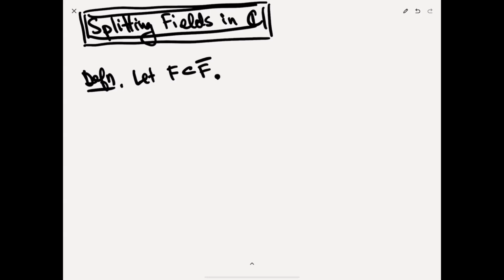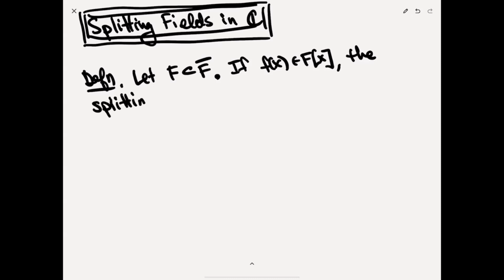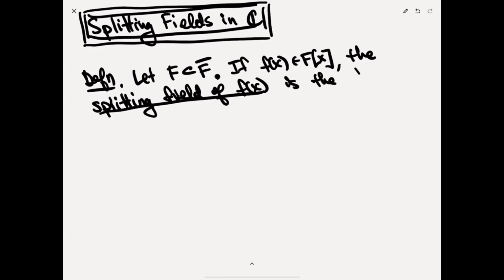Then if f of x is in F[x], the splitting field is just the field obtained by adjoining all the roots of f of x. So the splitting field of f of x is the field, well, we'll call it Split f.